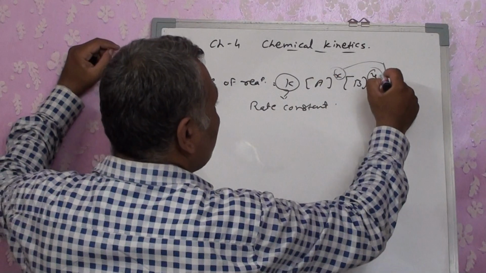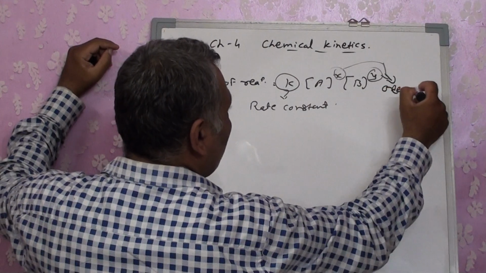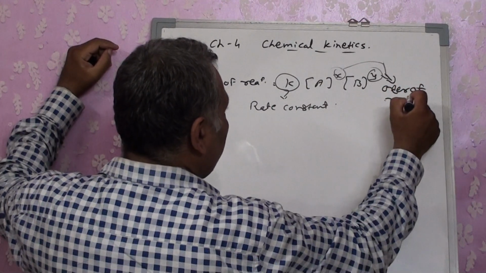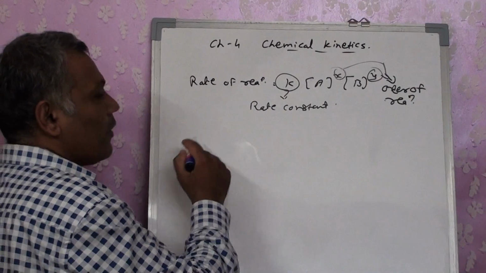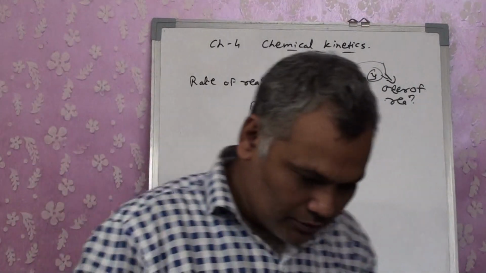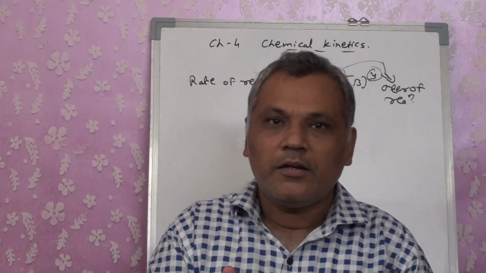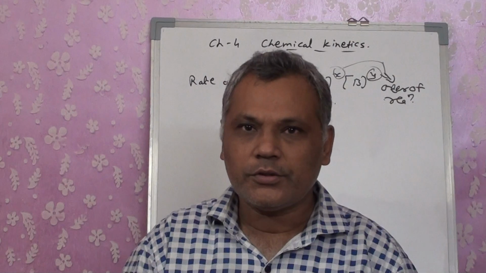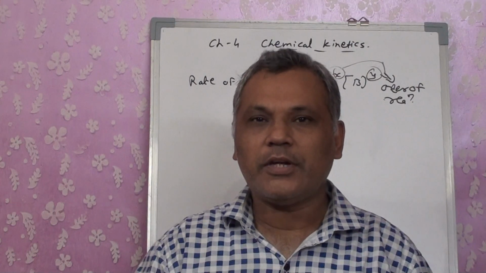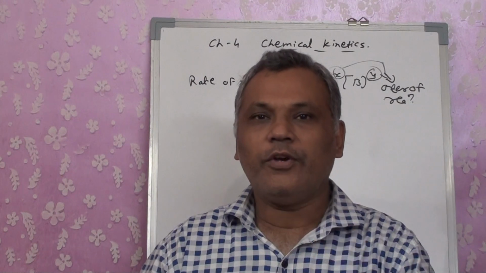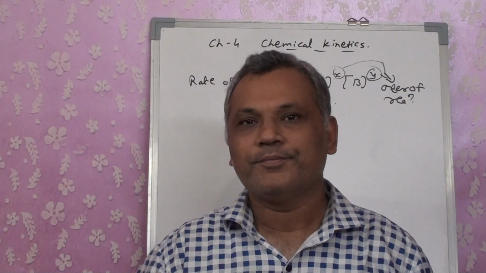These are considered to be the order of reaction. What is the meaning of order of reaction? See, suppose at present my class is of 45 students, and 45 are seeing these videos. Can you say that everyone is completely studying it?